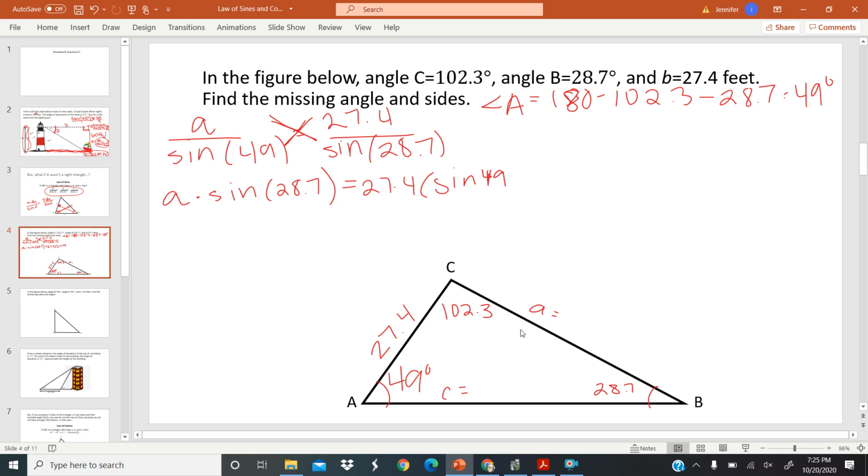I still wouldn't evaluate any of this yet because you don't want to round too much. So before you type anything in, I would go ahead and solve for a in terms of the sine of the angles. I'm going to divide by the sine of 28.7.